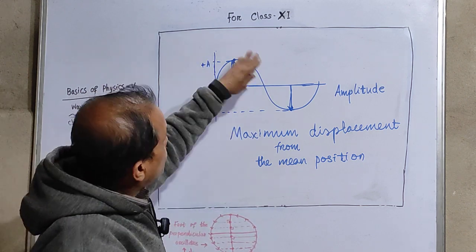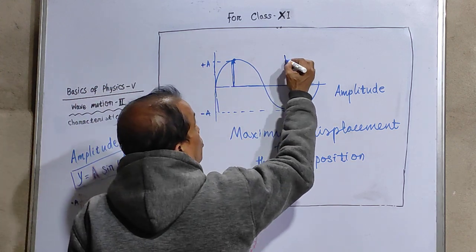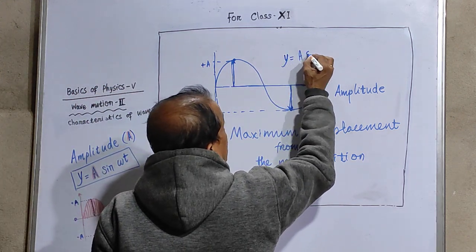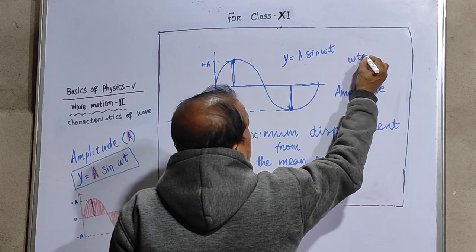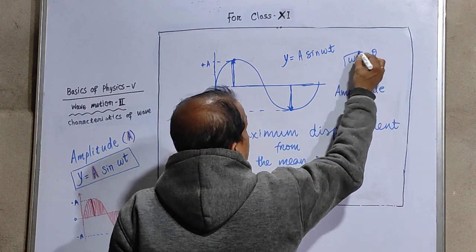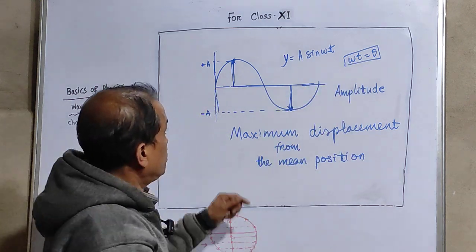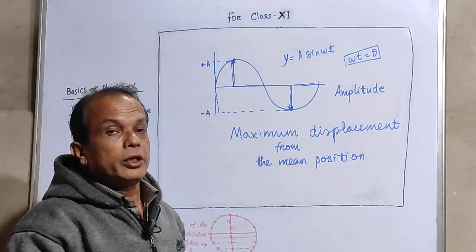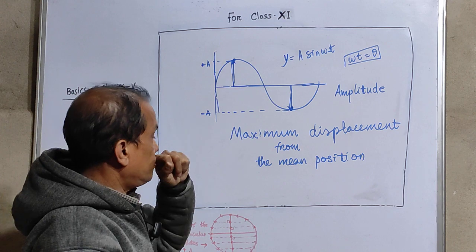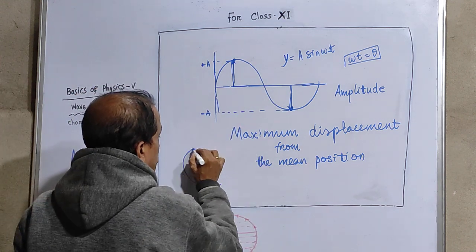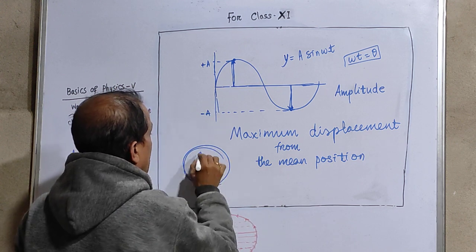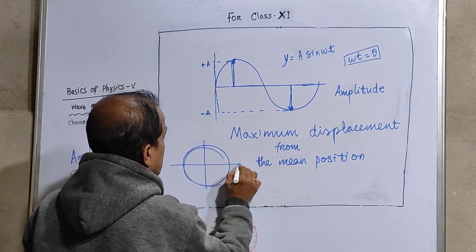So if this wave is represented by y is equal to A sin omega t, where omega t is equal to theta, then this A will be the amplitude of the wave. For calculation of that we can consider, suppose there is a circle and there is a y-axis and an x-axis.